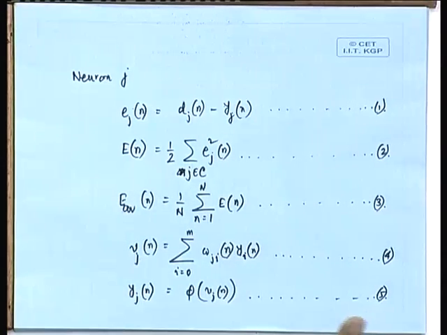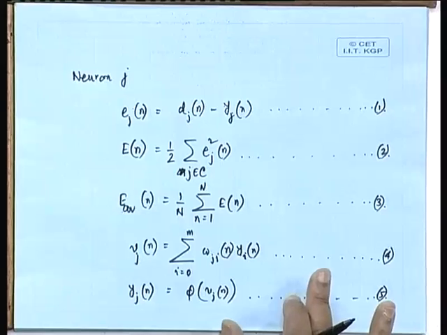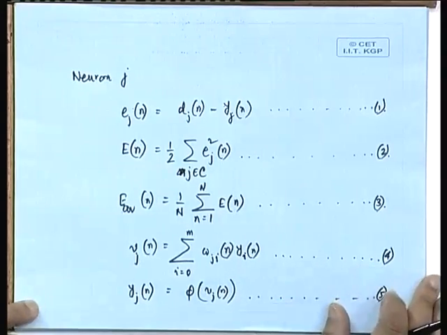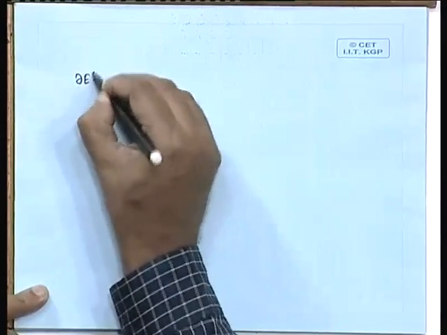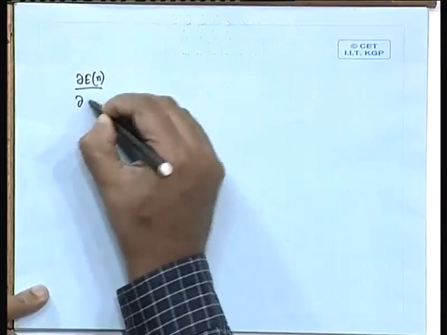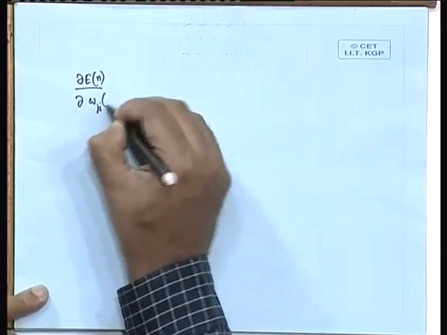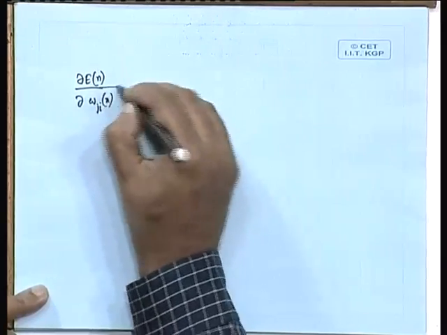So, these are the 5 basic equations with which we begin our analysis. What follows is a very straightforward mathematical treatment, and we are going to calculate the partial derivative of E(n) with respect to w_ji(n). Why?